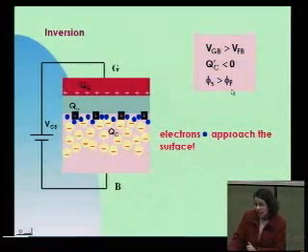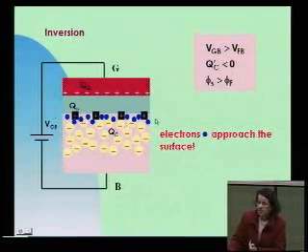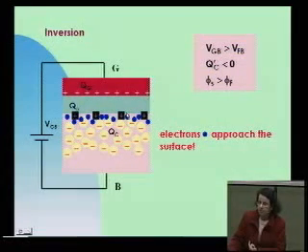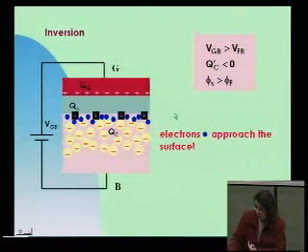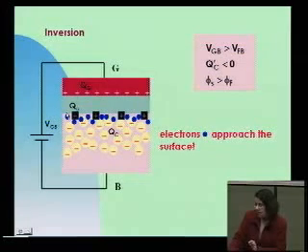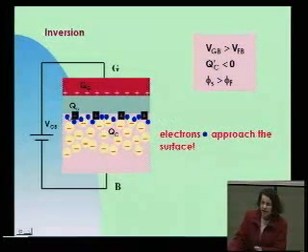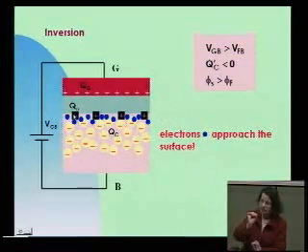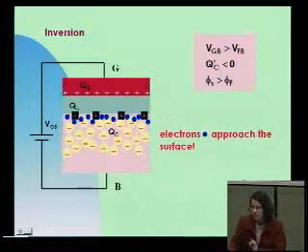So we'll have an inversion just under the insulator interface with the semiconductor, and it's as if the material here is no more p-type but n-type, just in a small sheet under the insulator.